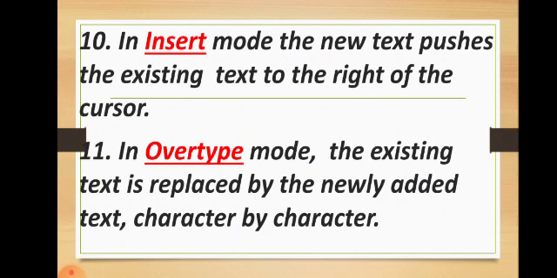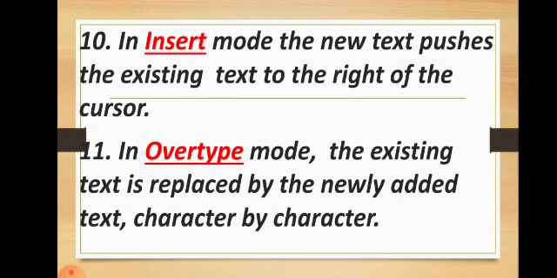In the dash mode, the new text pushes the existing text to the right of the cursor. In insert mode, when the text is already typed and you want to insert something in between, the new text, whatever you are inserting, pushes the already typed existing text to the right side of the cursor.